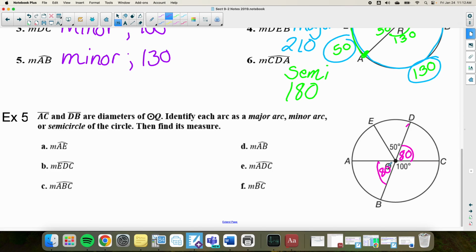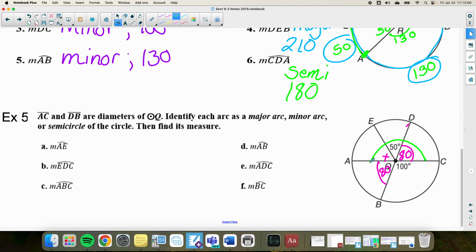Now, when we go to find this angle, you're gonna have to use this part here. Don't these three angles form a straight line? So they add up to 180. What's 50 plus 80? 130.